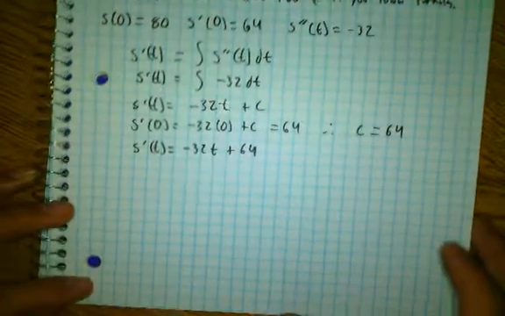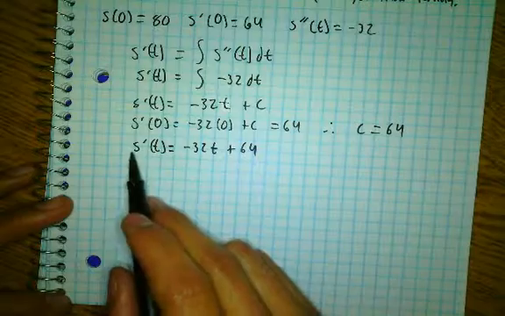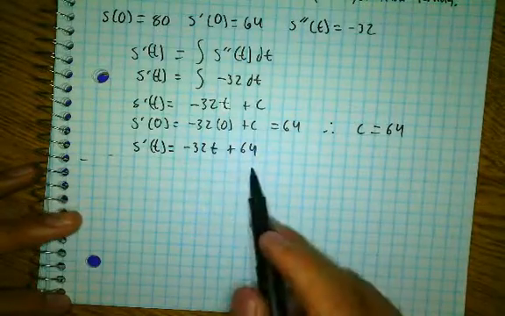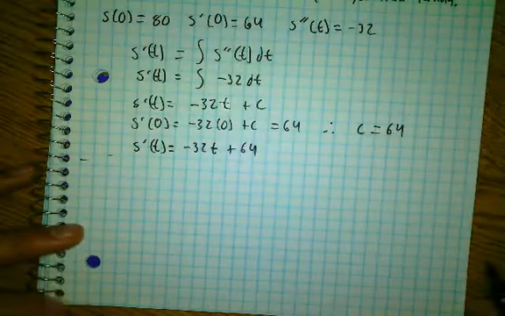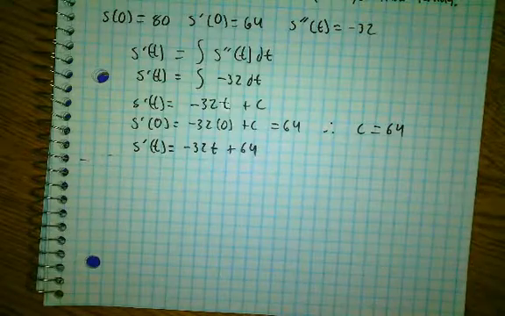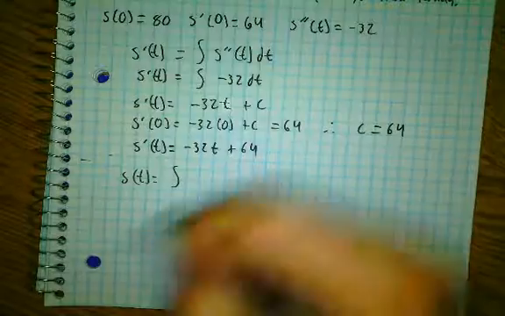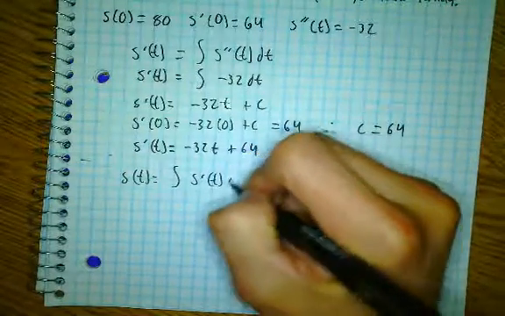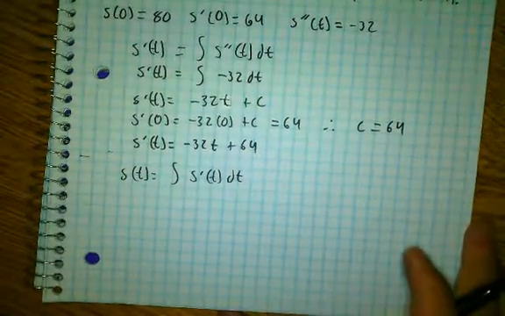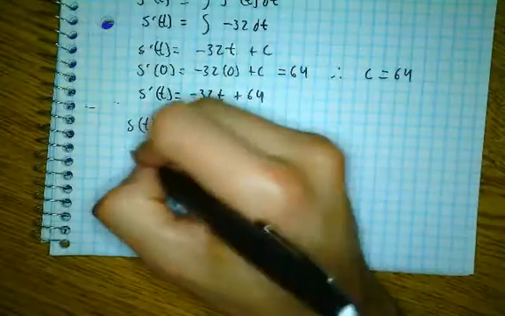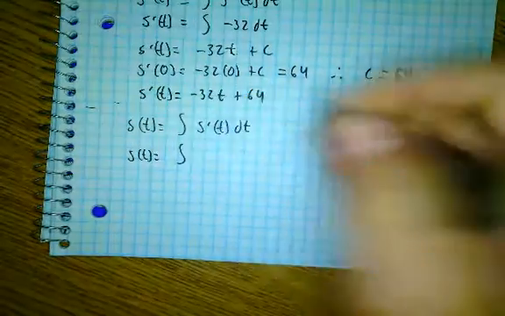What's the antiderivative of negative 32t? Negative 16t squared plus 64t plus c. Agreed? You guys with me? And then I need to figure out what that c value is.